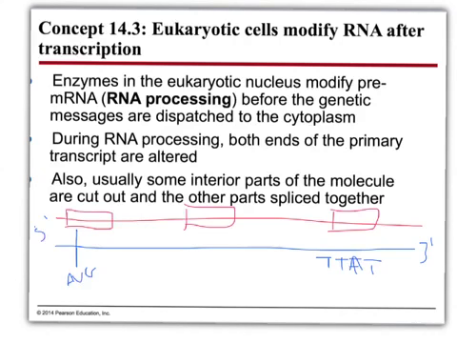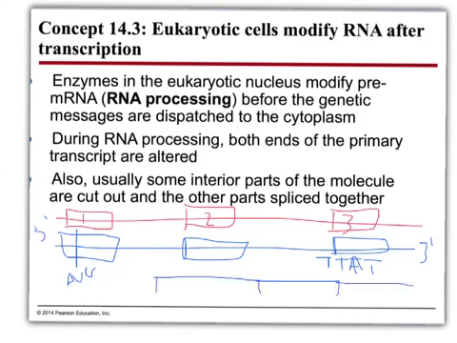So it's going to take exons 1, 2, and 3 and splice them together. Because on the RNA you have exons 1, 2, and 3, and what you want is to have something like this: 1, 2, and 3.